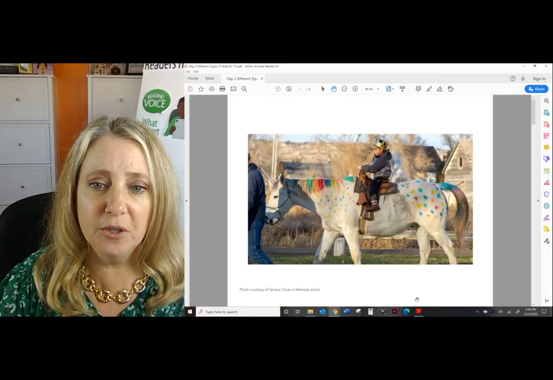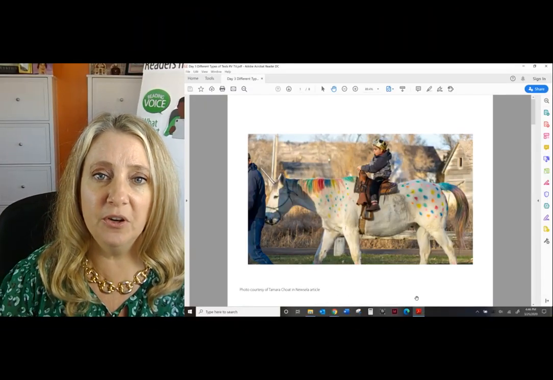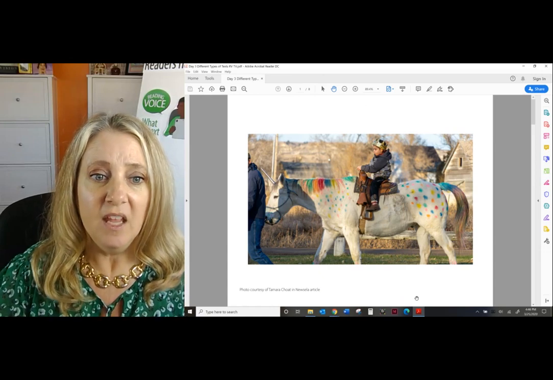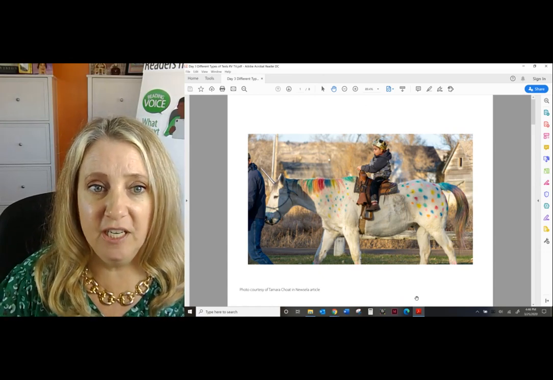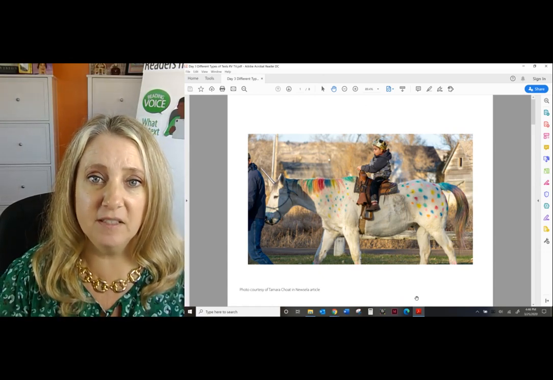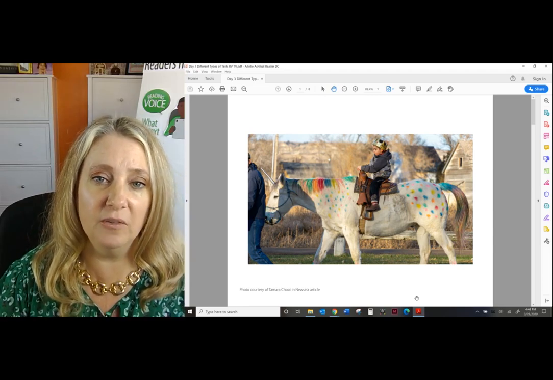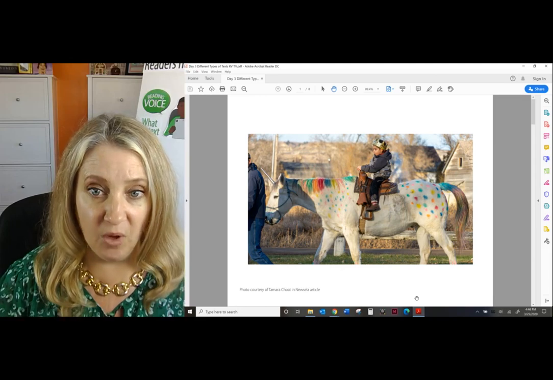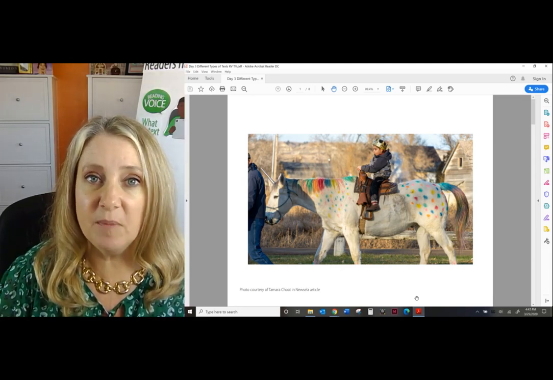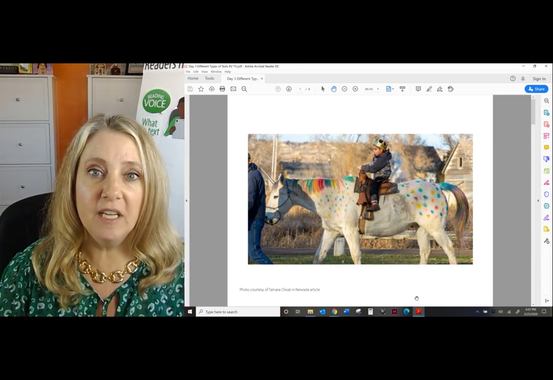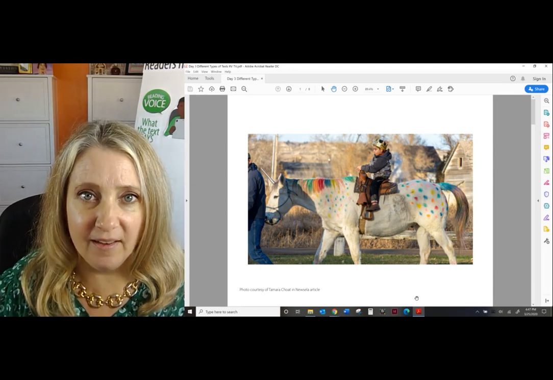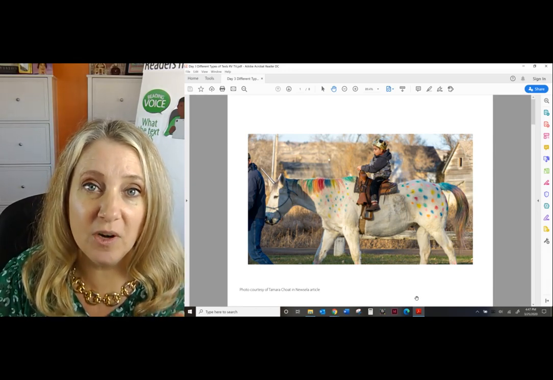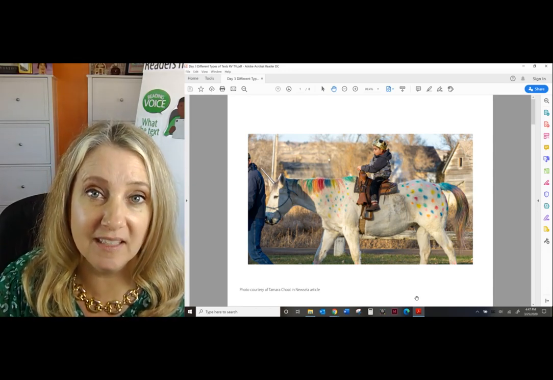So let me show you on my computer a couple of different things. This first picture here is a photograph taken by someone, and it was in a Newsela article. And so at a quick glance, you see a kid on a horse. But this might be the kind of picture where you're thinking, whoa, let me study that. And so this is where the thinking voice really kicks in.